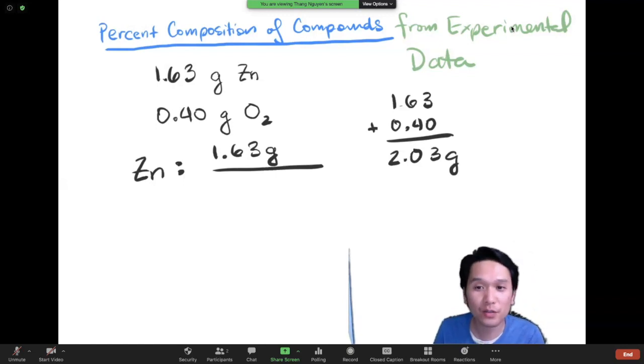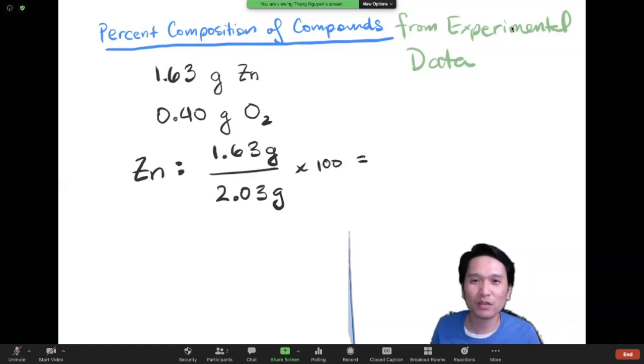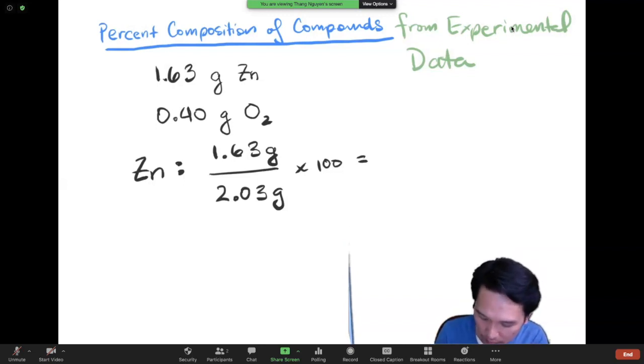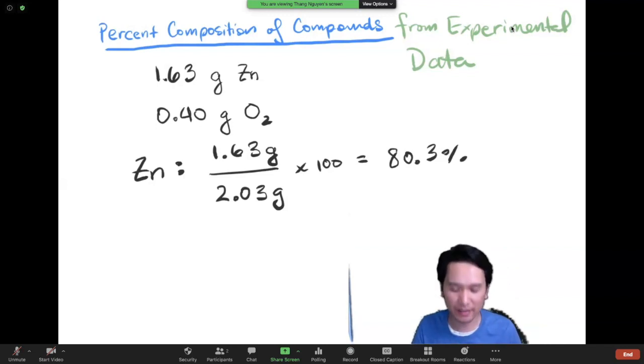So the total is 2.03 grams. So we're going to put that in the bottom. And again, we need to multiply that by 100 to get the percentage. So on our calculator, we can see that you should get 80.3%. I keep it to 3 sig figs since our numbers here had 3 sig figs.